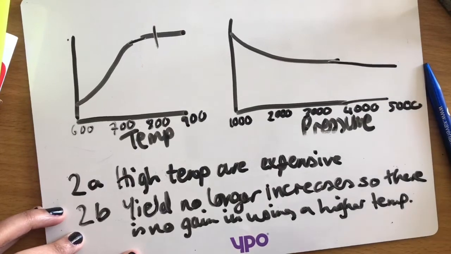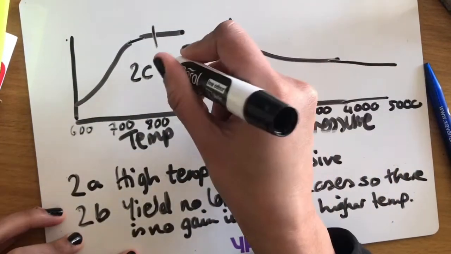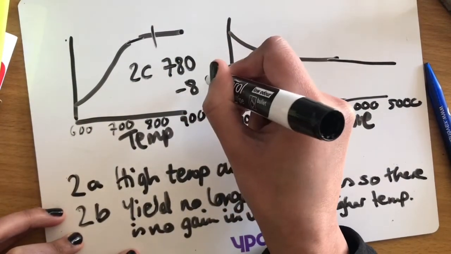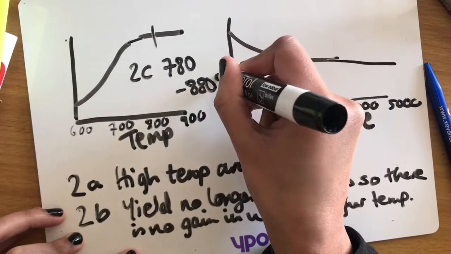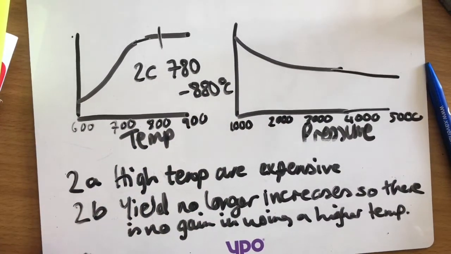And then the final mark for that, so 2C, is for actually stating what your optimum temperature would be. So anything between 780 and 880 is what they've given on the mark scheme. Okay, so it was for some type of estimate. You had to actually say, I'm going to choose the optimum temperature of about 780, because there's no point after 880, the yield no longer increases.